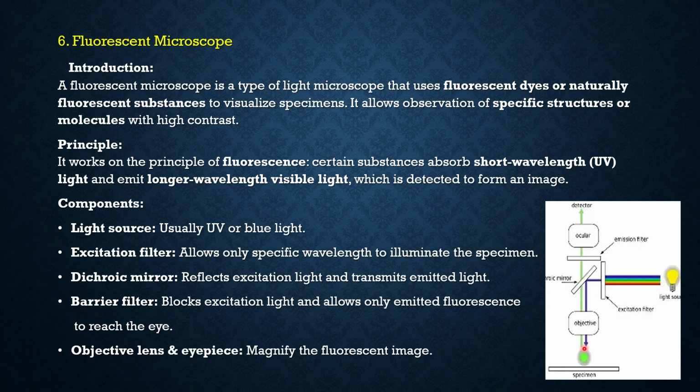It is taking the shorter wavelength light and emitting the longer wavelength light. That moves through the emission filter, also called the barrier filter. This blocks the excitation light and allows only the emitted fluorescence to reach the eye. And the objective lens and the eyepiece will magnify the fluorescent image.